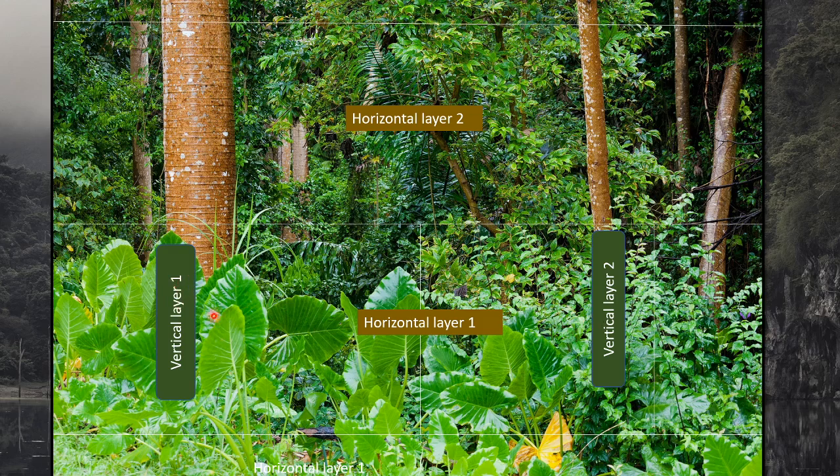Because the length of this plant is a little less than this plant, right? So we can see that there is one vertical layer and then there is this shrub that is having another vertical layer, right? So we can divide a forest into horizontal zones, 1 and 2, and likewise we can divide a single horizontal zone into many layers, right?